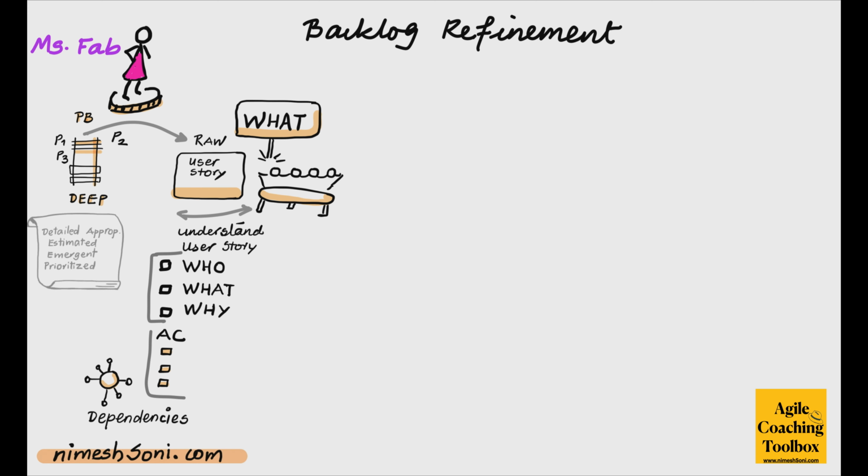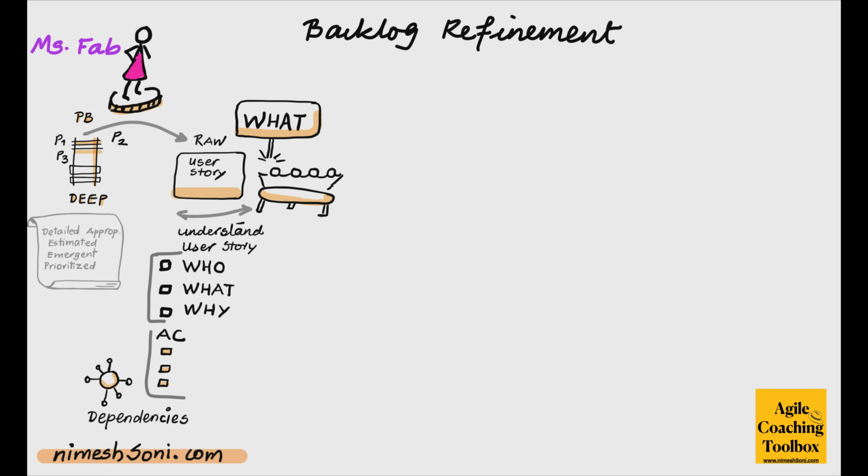Now, in this back and forth, after Miss Fab has explained the who, the what, and the why, the acceptance criteria, in addition to that, she may want to give some context. The team may ask for the context as well, as to when, in what situations this functionality will be used. So, getting that additional context will help the team tremendously in understanding the functionality being asked for.